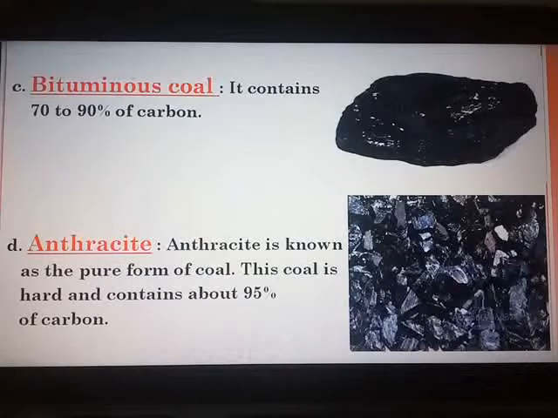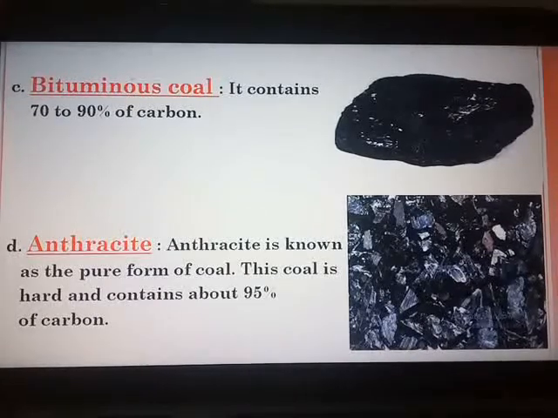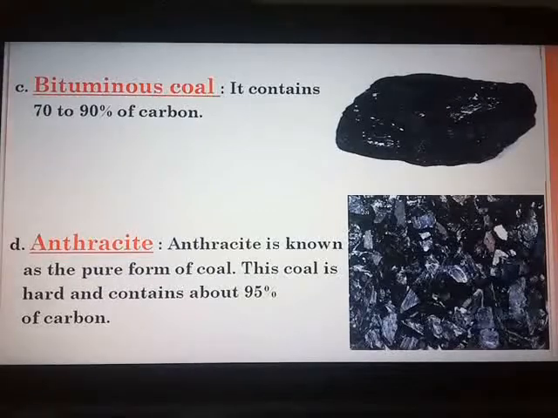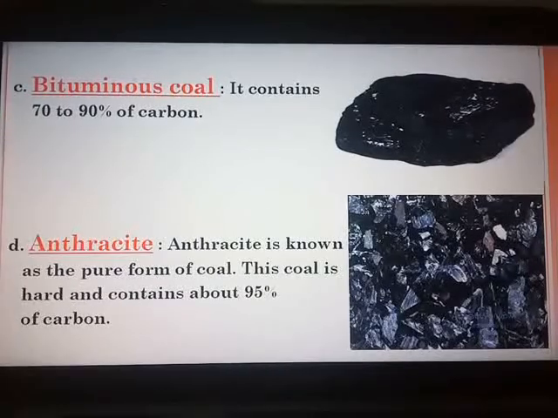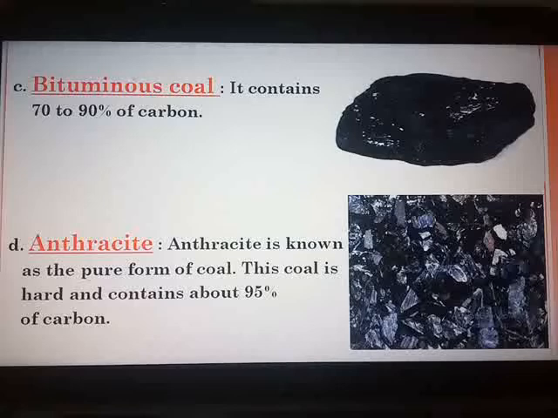As you move from the pre-primary to the primary section, then your knowledge increases. Your study level increases. Similarly here, as you move from the first to the next step, the proportion of carbon is increasing. And when you come to the last, that is the fourth step, anthracite, it is known as the pure form of coal because it contains about 95% of carbon, the purest form of coal.